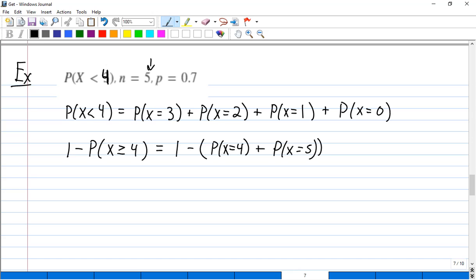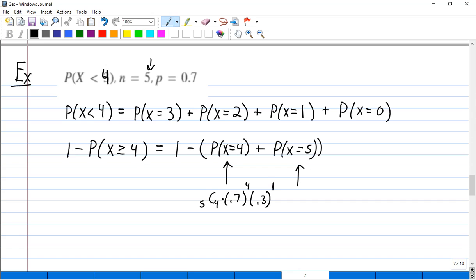Alright. So here's how I would do this, though. First, I would work this out, and then I would work this out. So this would be, I had to look at my numbers here. This would be 5C4 times, the probability of my success is 0.7. So it's 0.7 to the x power times 1 minus 0.7, or 0.3, to the n minus x power.